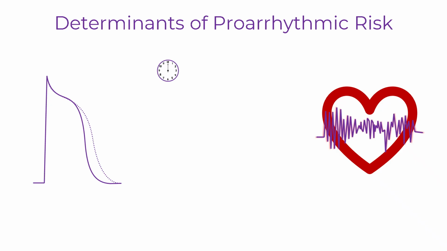Bradycardia is one such factor because many repolarizing currents, particularly IKs, contribute less effectively at slower heart rates. As a result, blockade of IKr in the setting of bradycardia produces disproportionate action potential prolongation.